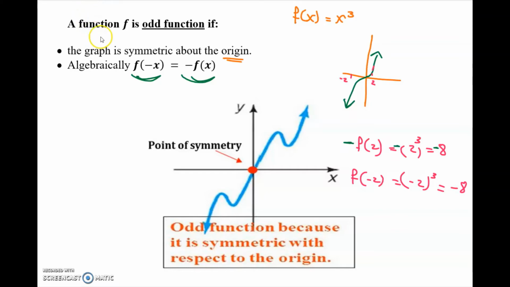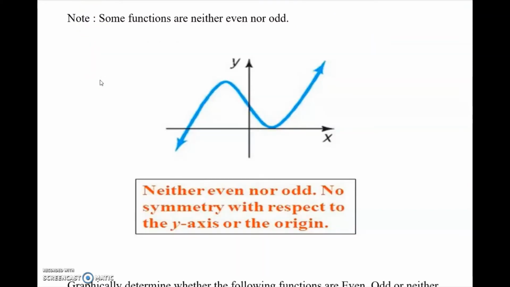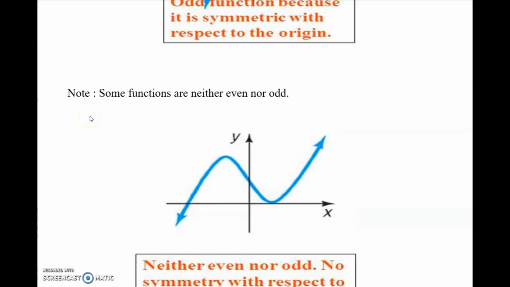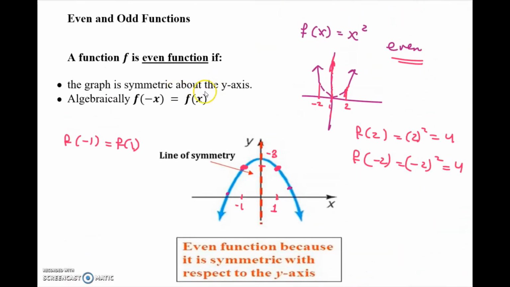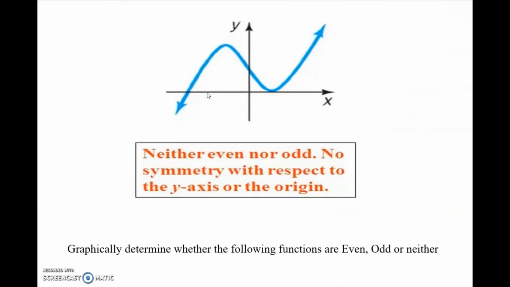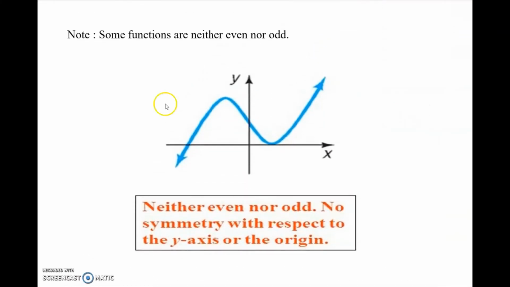That's an odd function. Now, the third thing: if it is not symmetrical about the y-axis or symmetrical about the origin, then it's neither. So neither even nor odd, it's not symmetrical with respect to the y-axis or to the origin.